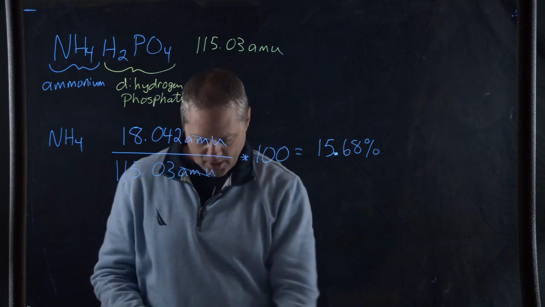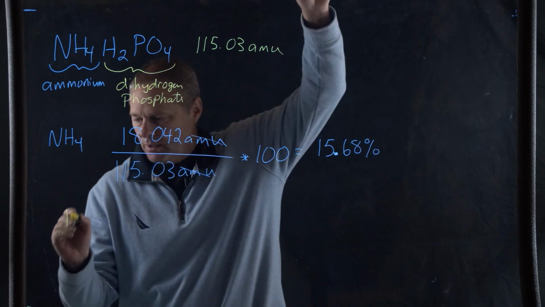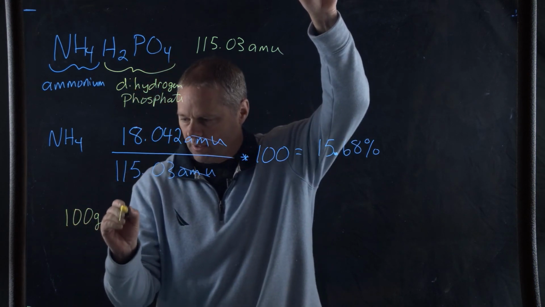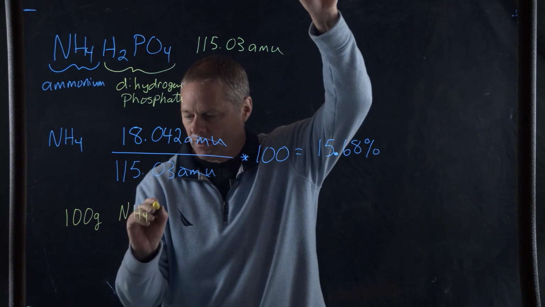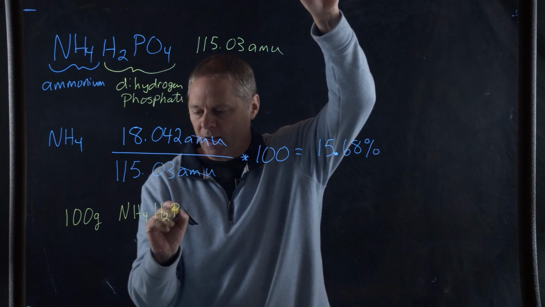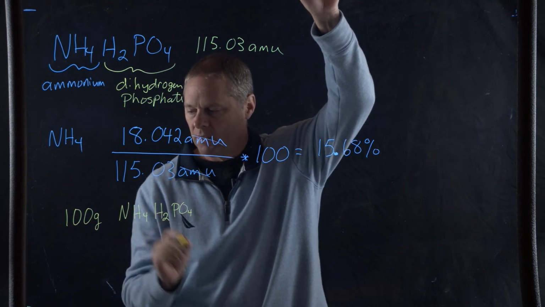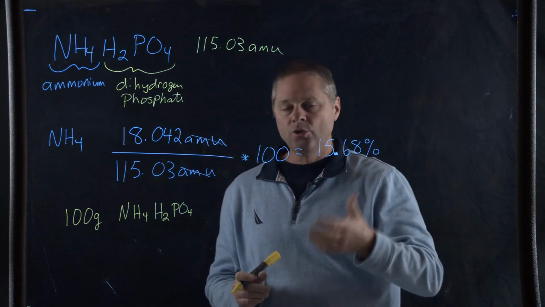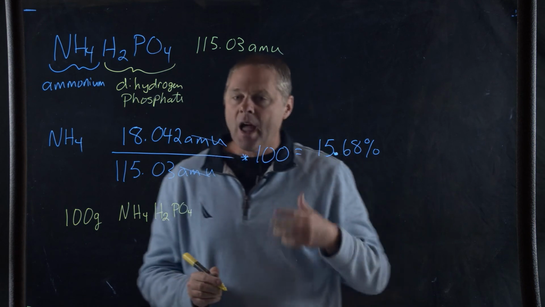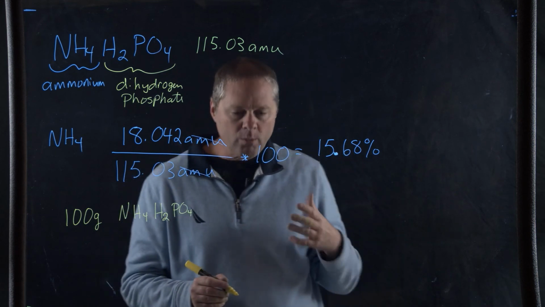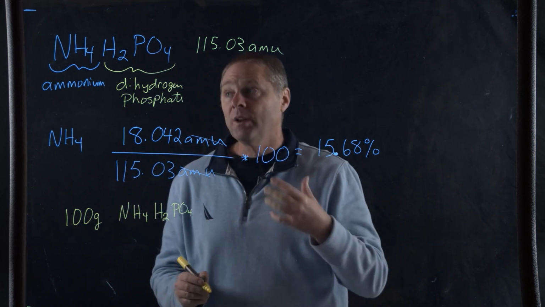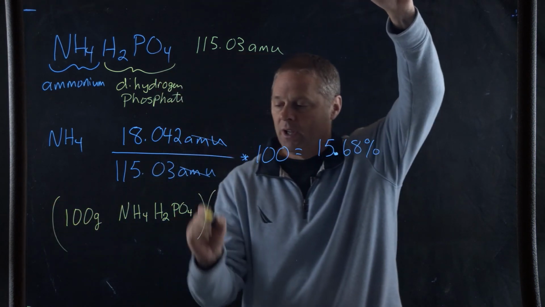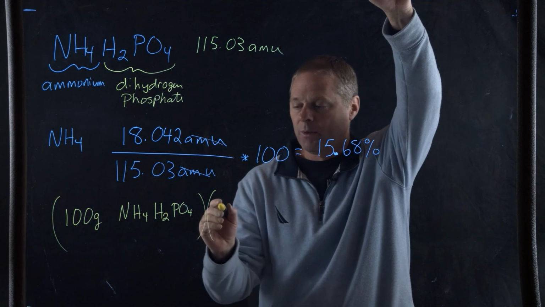Now, if we have 100 grams of the ammonium dihydrogen phosphate, and we know that 15.68% of that is due to the ammonium, and we want to determine the mass of the ammonium in a 100-gram sample, all we do is multiply by the decimal form of the percent.